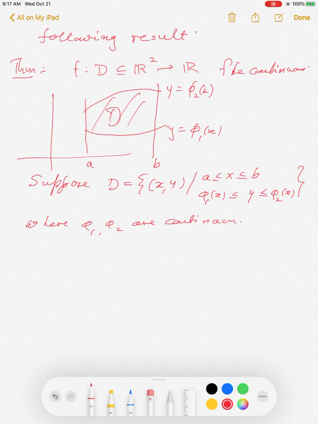So your domain D is like this. Then in this situation, the double integral of f(x,y) dA can be written as a repeated integral.